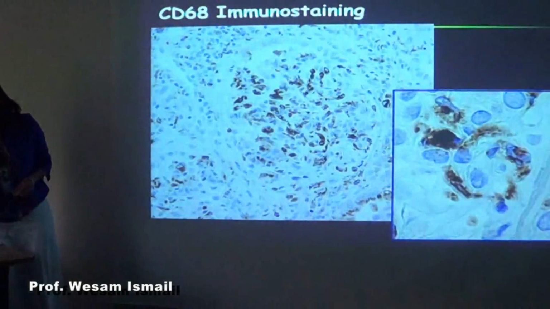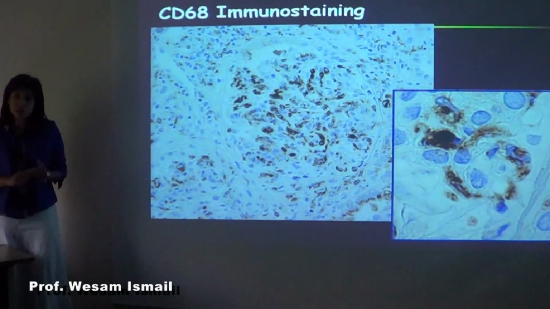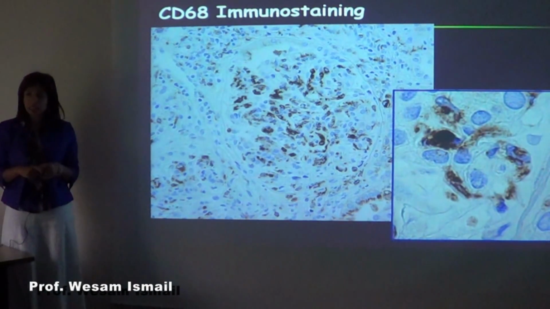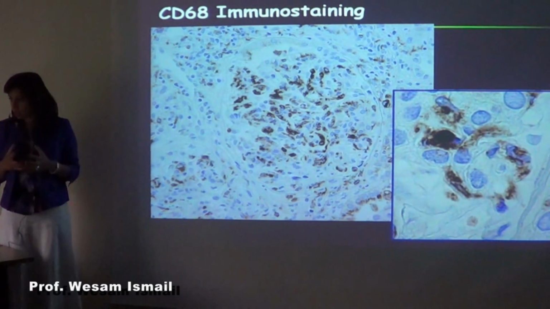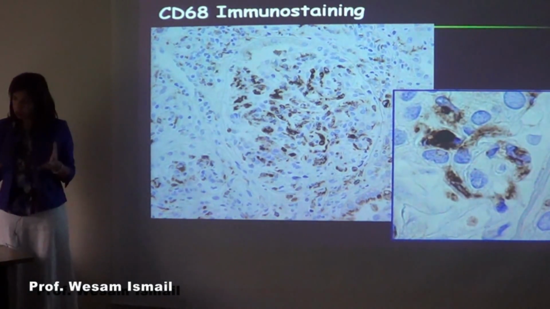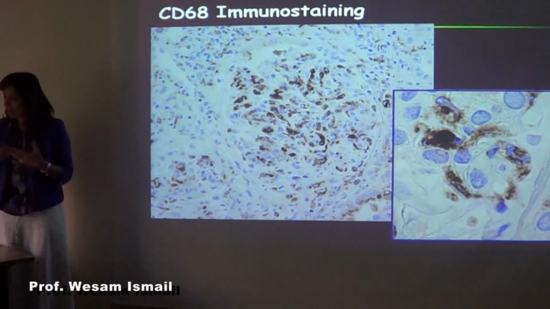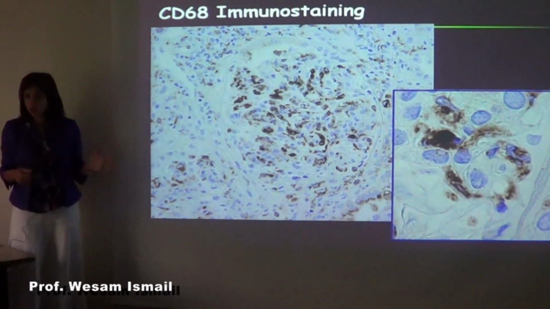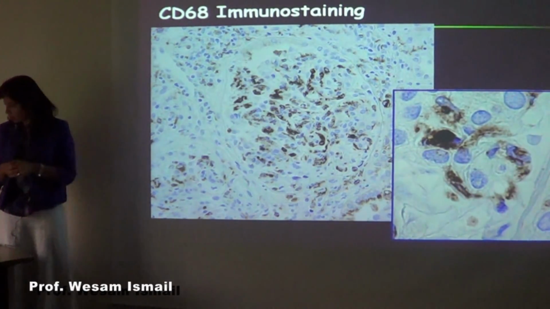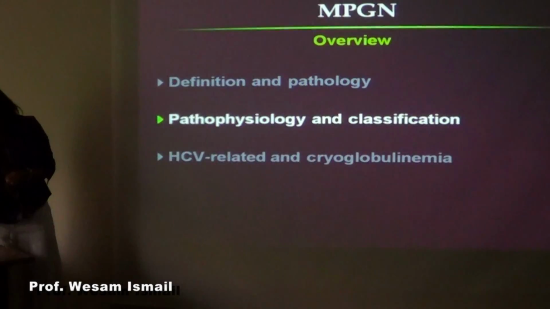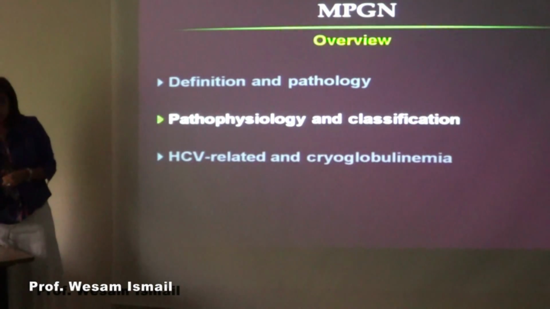It's really an impressive IF. What is also characteristic of a membranoproliferative glomerulonephritis is that you get a lot of macrophages within the glomerulus, and this is one thing which can help between TMA and MPGN, that you can get proliferation and macrophages stain for CD68, and they're usually present intraglomerular.